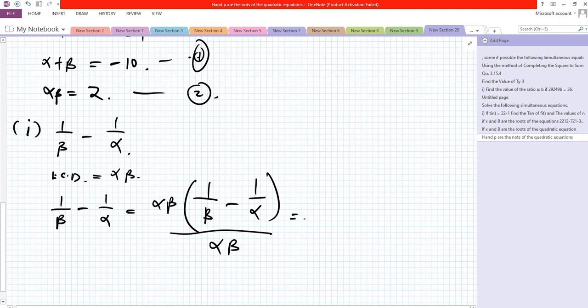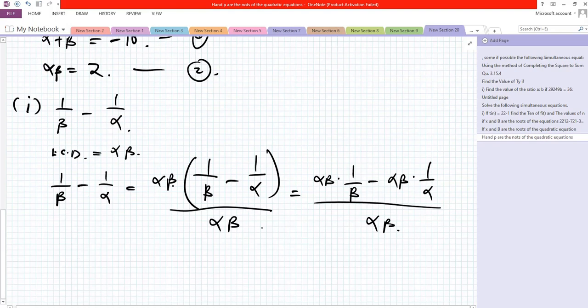If we now use this to open up these brackets by multiplying inside, we have alpha beta times 1 over beta minus alpha beta times 1 over alpha, all divided by alpha beta. This cancels this.